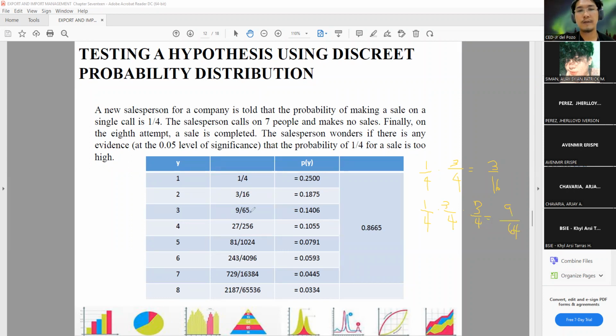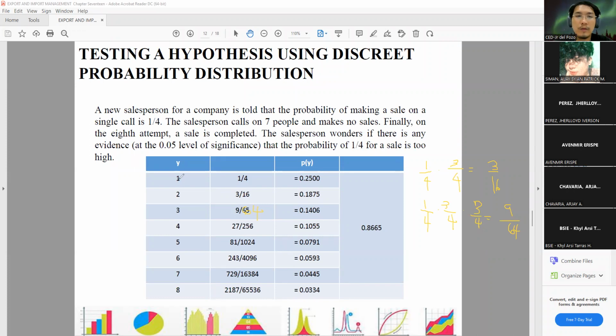So it's not 65, it's 64. And so on the process. So yung chances mo multiplied by the chances of not getting it. So 27/256, 81/1024, 243/4096, 729/16,384, and 2187/65536. If you try to get it on a decimal basis, 1/4 is 0.25, 3/16 is 0.1875, and so on.